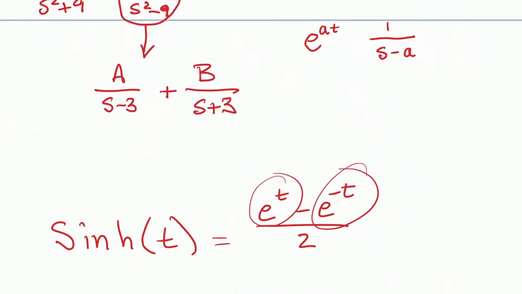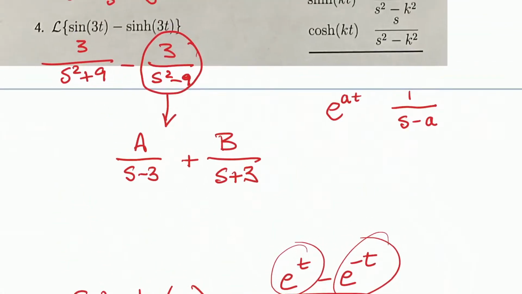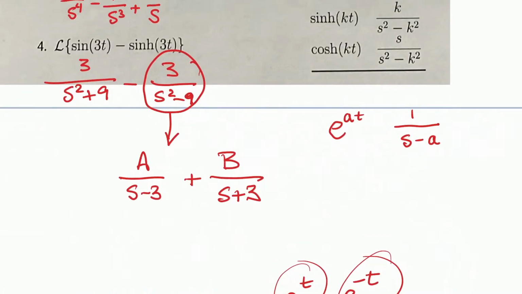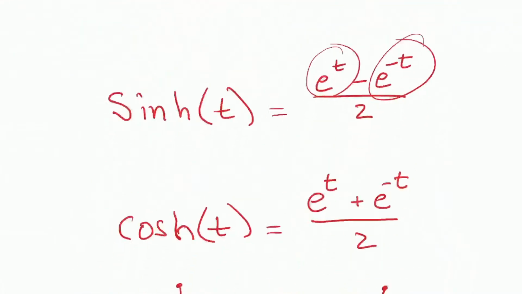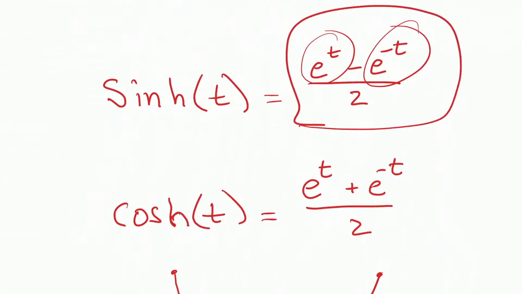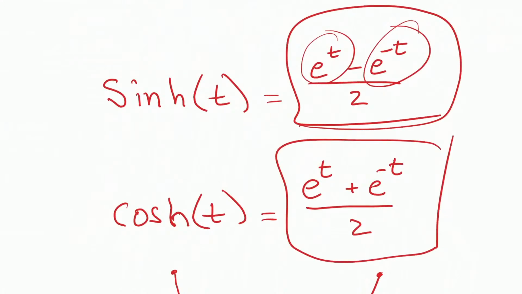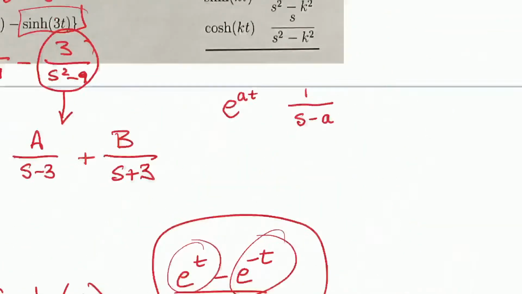But we don't want to do that. It's much better if we can just use this hyperbolic sine as a stand-in for this. And same thing goes for the hyperbolic cosine. It'll save us work in the long run.